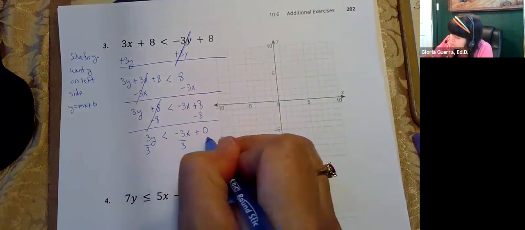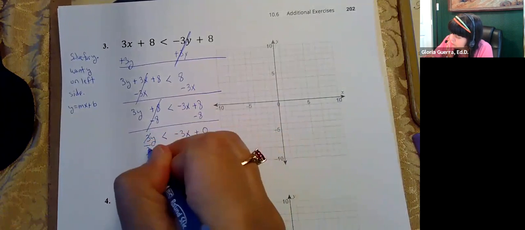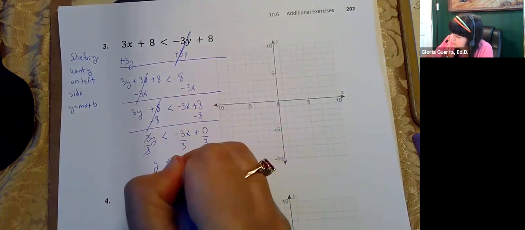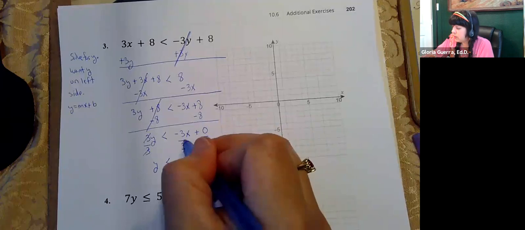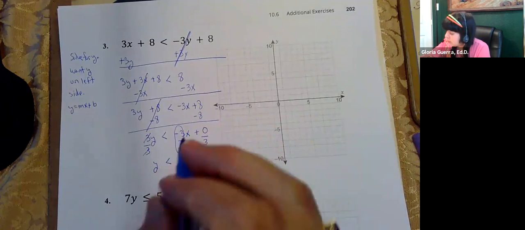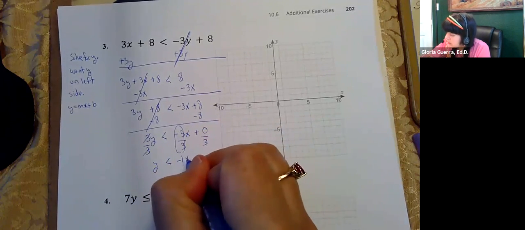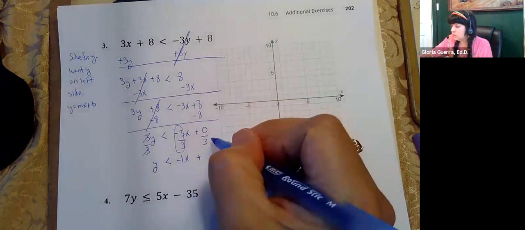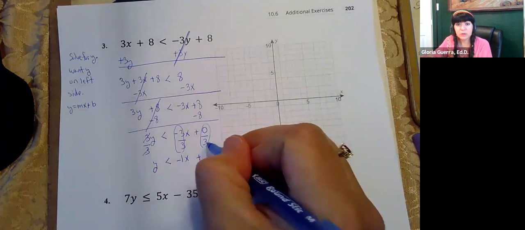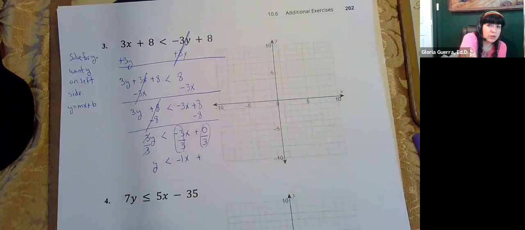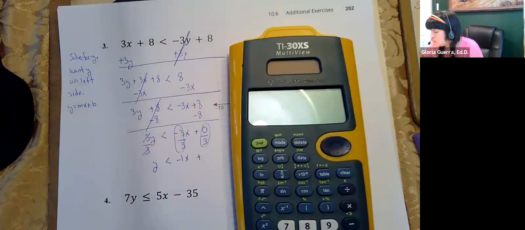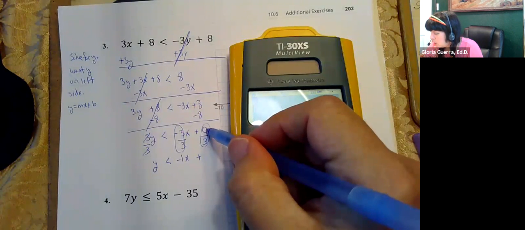And now I'm going to divide everybody by 3. So y is less than, and this simplifies, right? -3 divided by 3 is just -1x. And this also becomes 0, right? 0 divided by 3, and I can show you on the calculator.